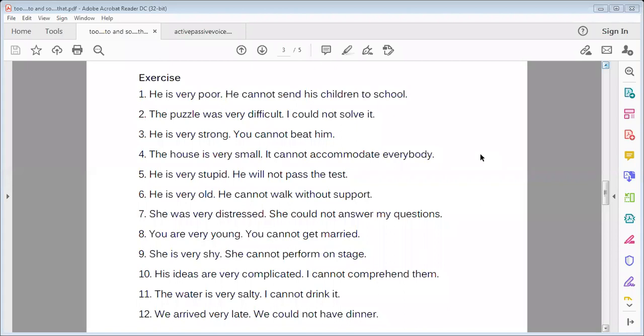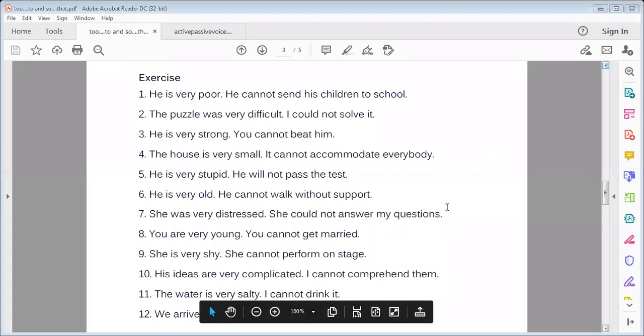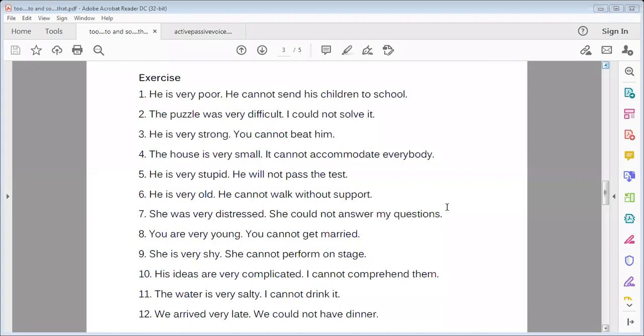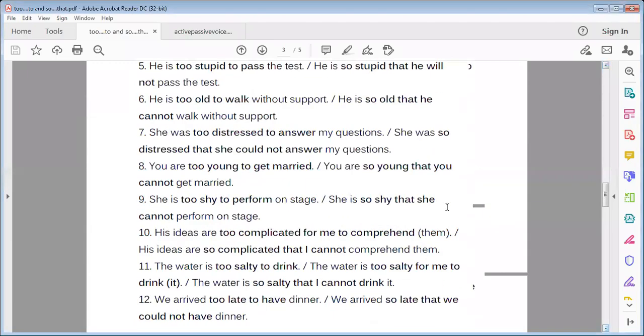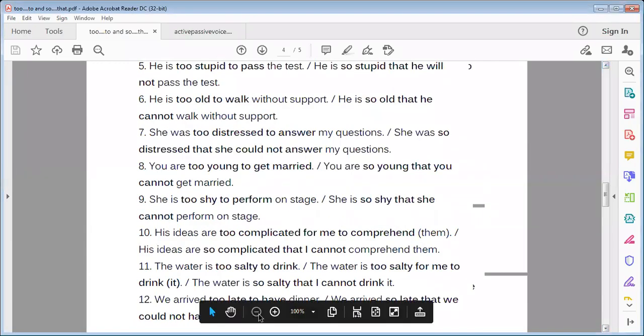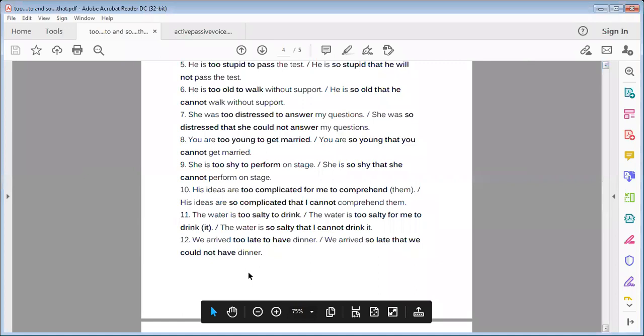Yes, all the 12 sentences can be joined using both to as well as so that. Finish solving. Should I show you the answers? See here, they have given answers for both.